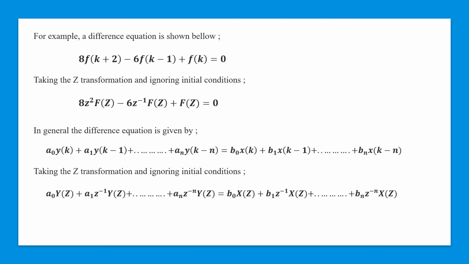Now if we take the z transform and ignore the initial conditions, then that equation will become a0 Y(z) + a1 z⁻¹ Y(z) + an z⁻ⁿ Y(z) equal to b0 X(z) + b1 z⁻¹ X(z) + bn z⁻ⁿ X(z).